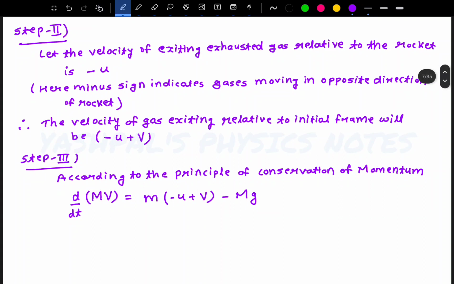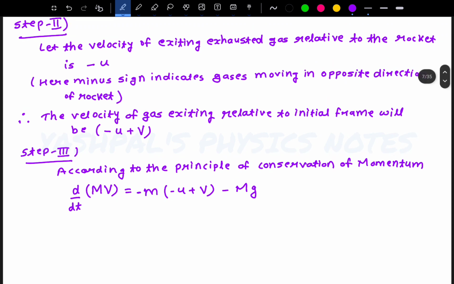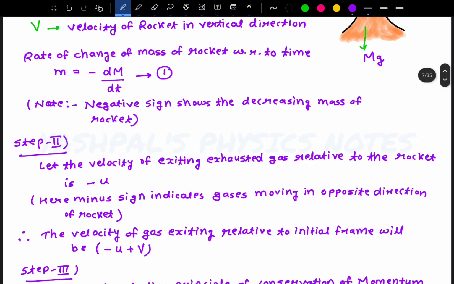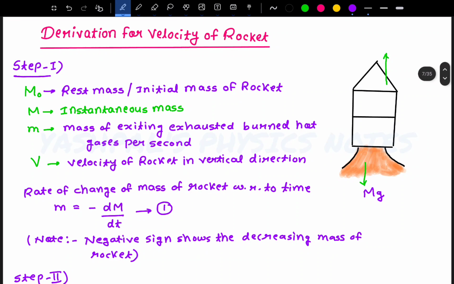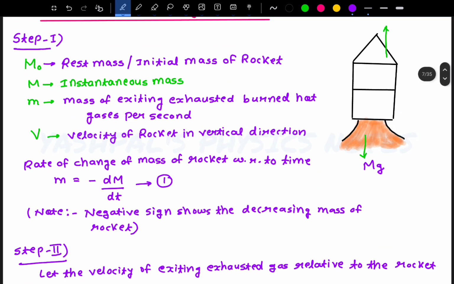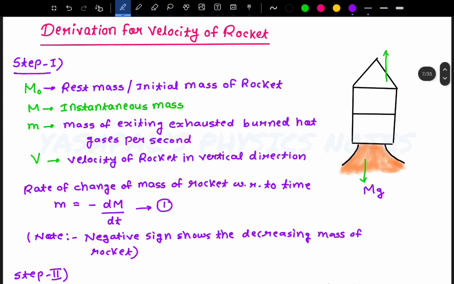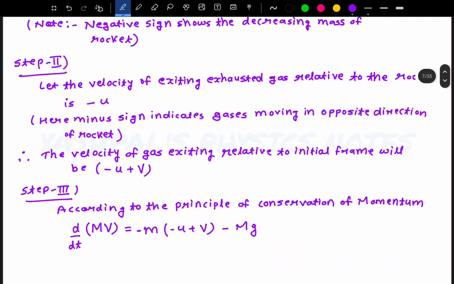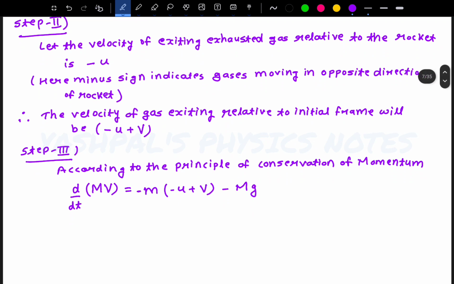Now in this equation I can write this term as minus, since the exhausted burned gases, of small m mass, are moving in the downward direction, opposite to the velocity of the rocket, which is moving upward. That's why I have added the minus sign. So this is our equation.